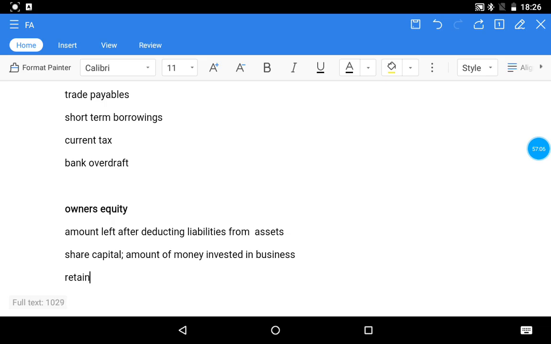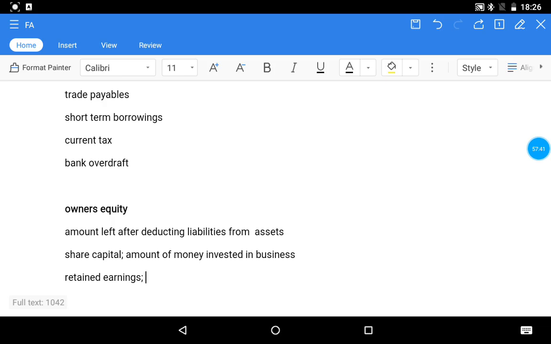Maybe it is a net profit after subtracting all expenses, and that amount of money that remained as net profit, when you decide to reinvest it in the business instead of distributing it, will be considered as retained earnings.